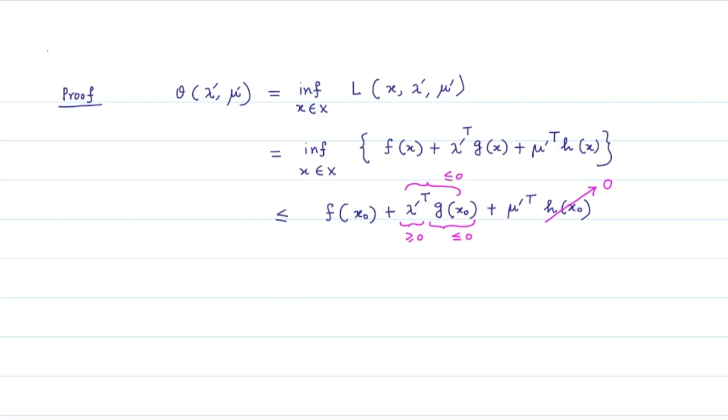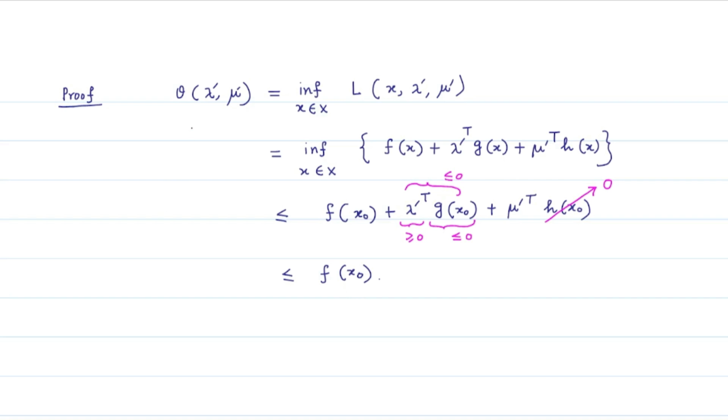And therefore we get here that this entire expression is less than or equal to f(x naught), and that is your result. The value of the objective function of the dual at a feasible point lambda dash, mu dash is less than or equal to the objective function value of the primal at a feasible point x naught.